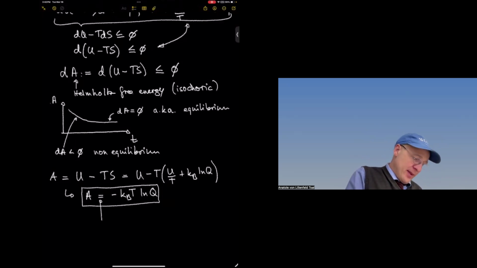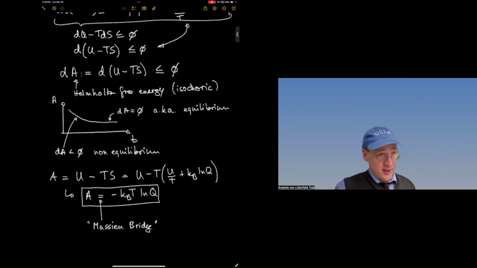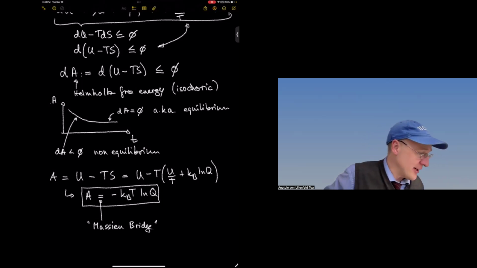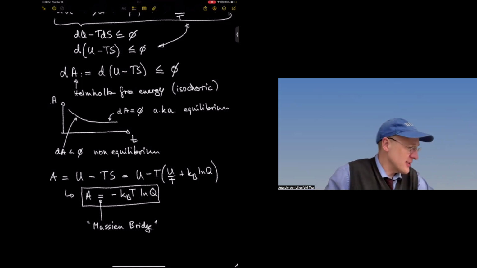And this is known as the Massieu bridge. So it carries an extra name because it's so amazing.